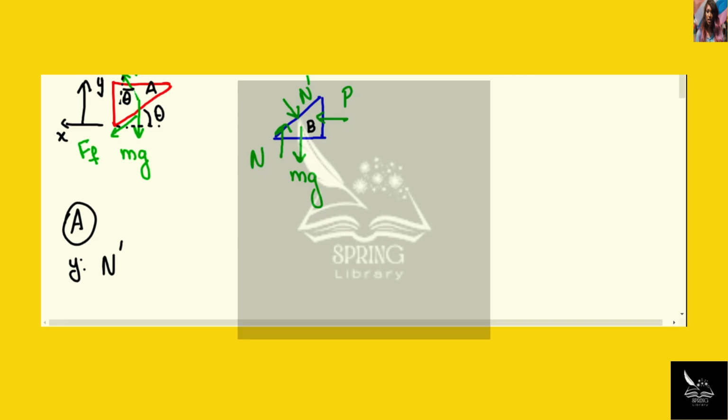Actually, we should start with the y direction. So we have n prime times the cosine of theta minus mg minus the frictional force times the sine of theta is equal to 0, since the blocks are not moving in the y direction.